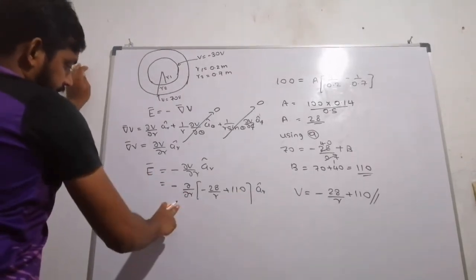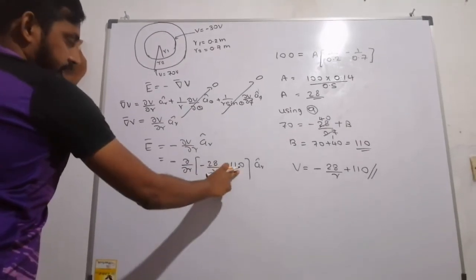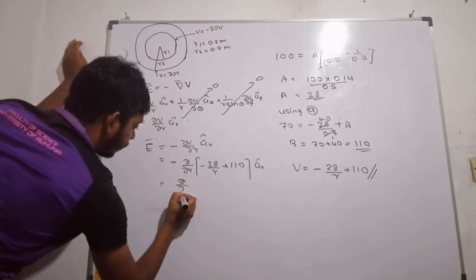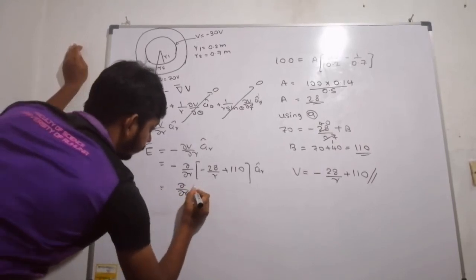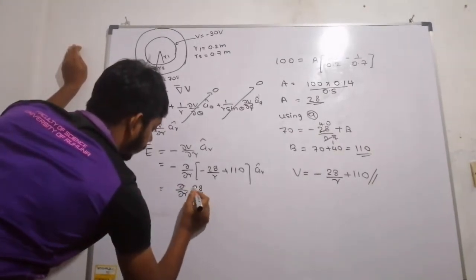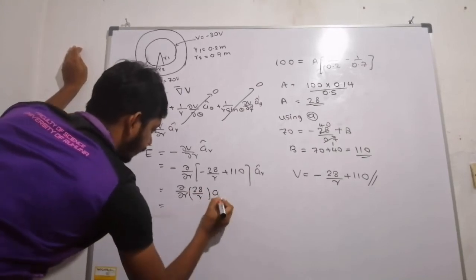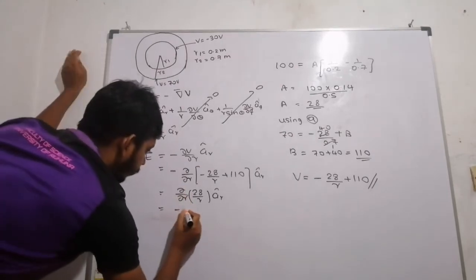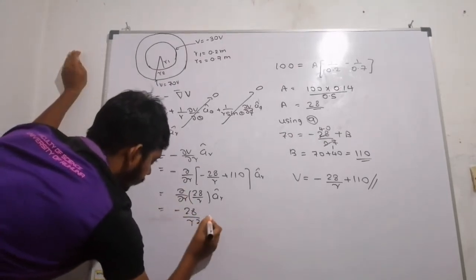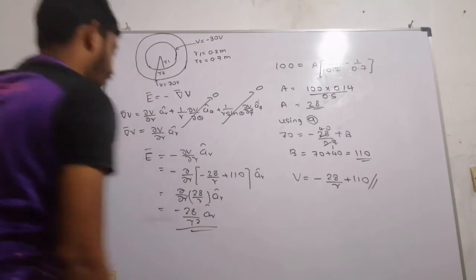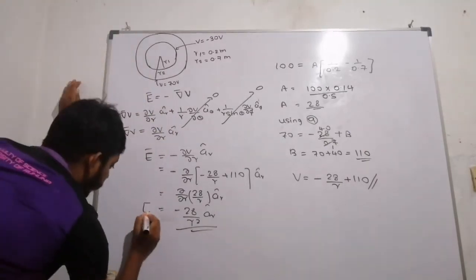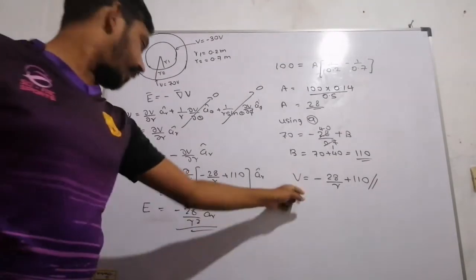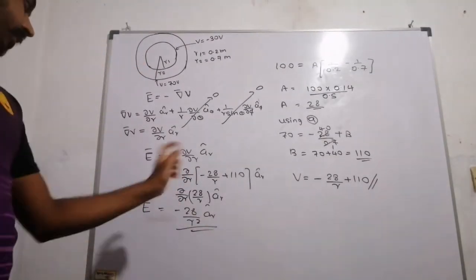If we take the derivative of the constant with respect to R, it will be 0. And minus minus becomes plus, d over dR of 28 over R. That means minus 28 over R squared aR. This is the E component for this V. This is the V value and this is the E value: potential and electric field.